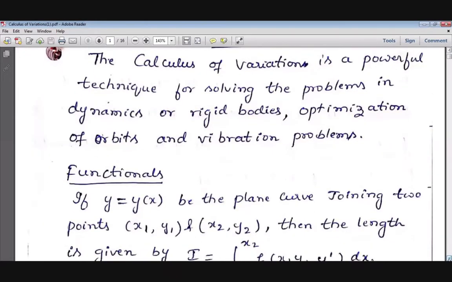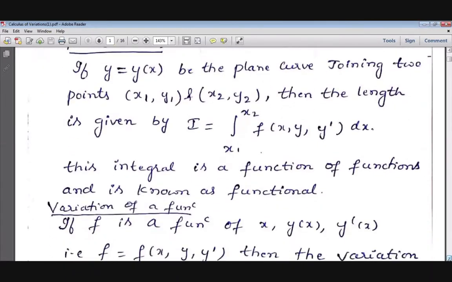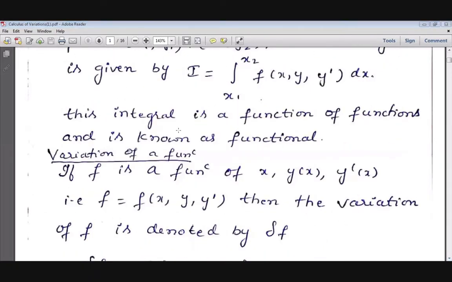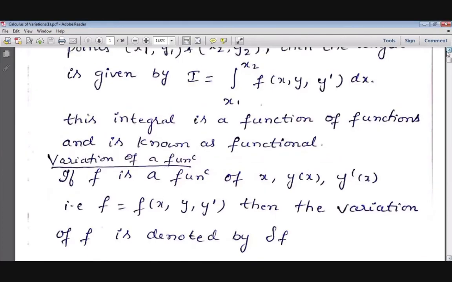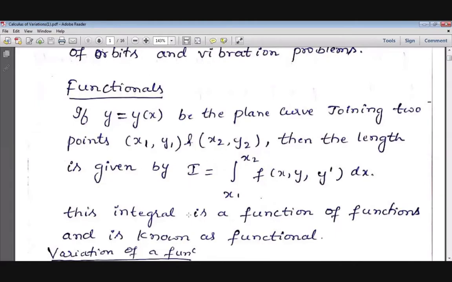Let y equal to y of x be the curve joining 2 points, then the length. Here they haven't given that; they directly went to the actual mathematical meaning. Actually, that is what a functional means.